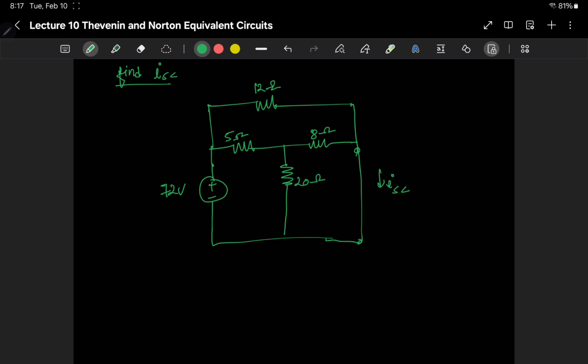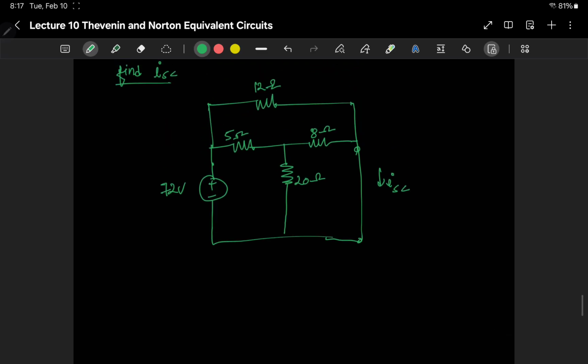What would be an efficient way to find the value of the current Isc? We can do current source conversion, but then again, as I mentioned earlier, this is not a practical voltage source, so we'll probably have to do delta to Y transformation between these delta circuits, which will make things complicated.